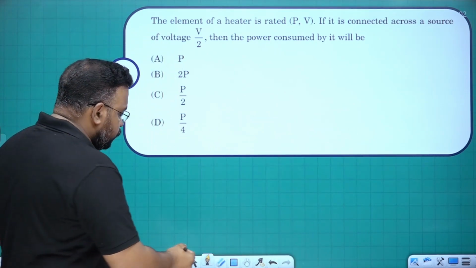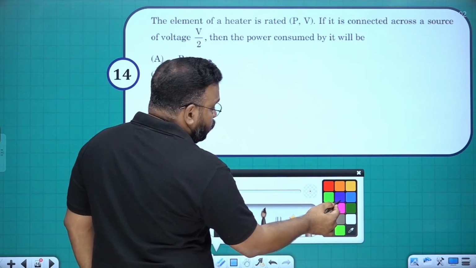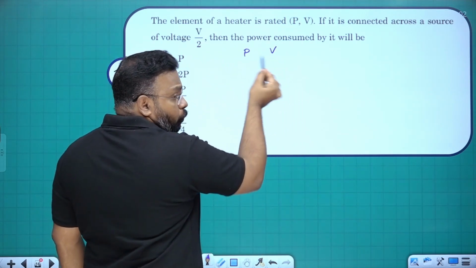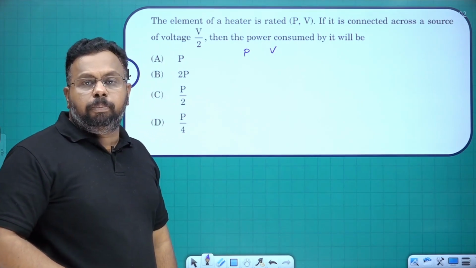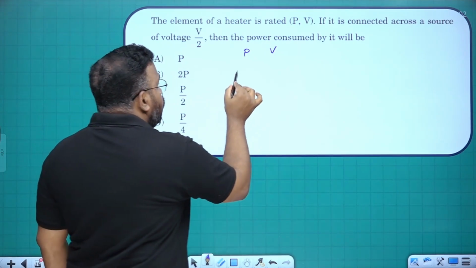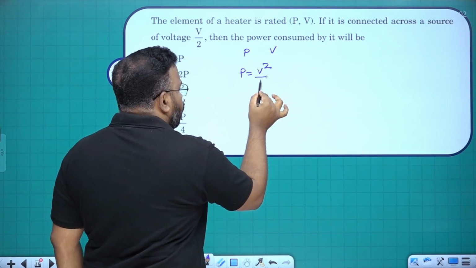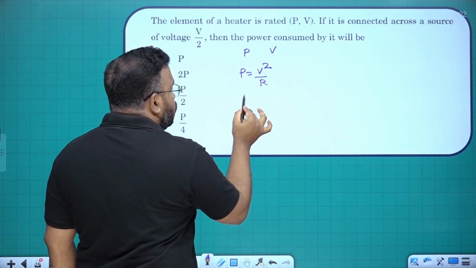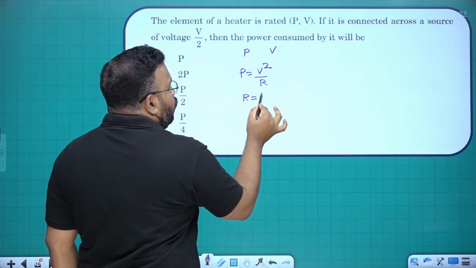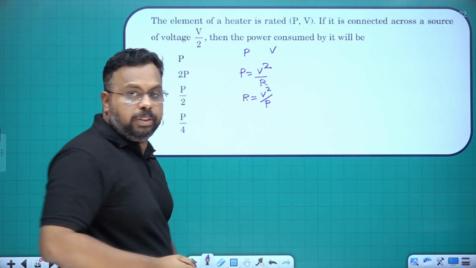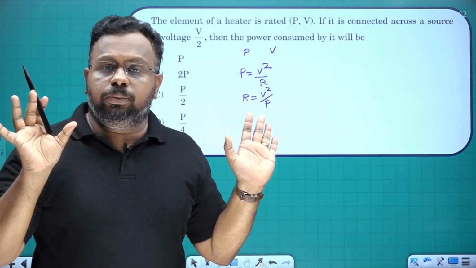So in these kind of questions, what we need to do is, we'll start with the given data. Power is P when voltage is V. What is the relation between power and voltage? We have a formula. P is equal to V square by R. So from this, I can write resistance of that device will be equal to V square by P. That's a fixed value.